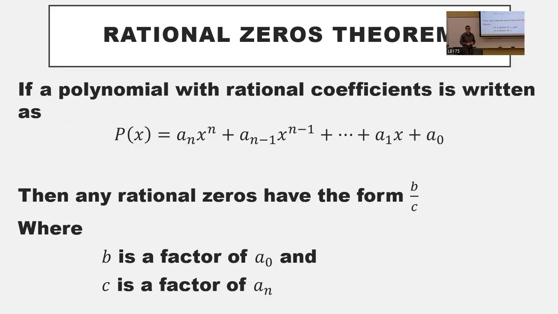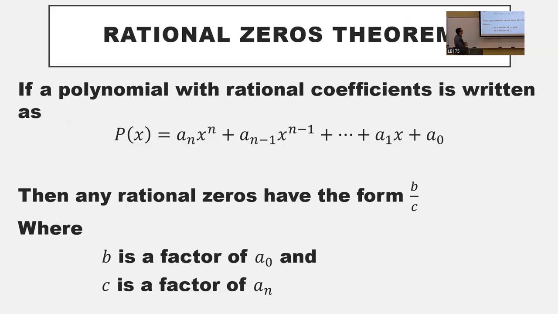Most of the time in this class, I will give you a lead term which is just 1, so the only real factors we're looking at are 1 or -1. But this would work for any polynomial.